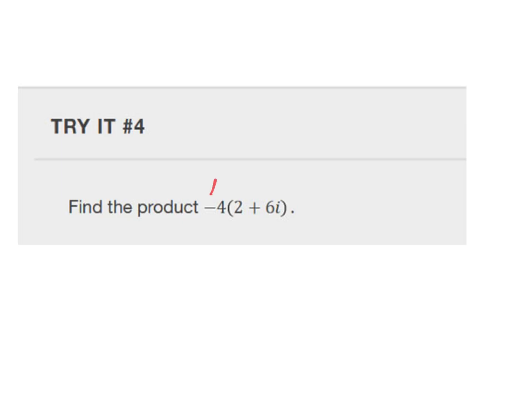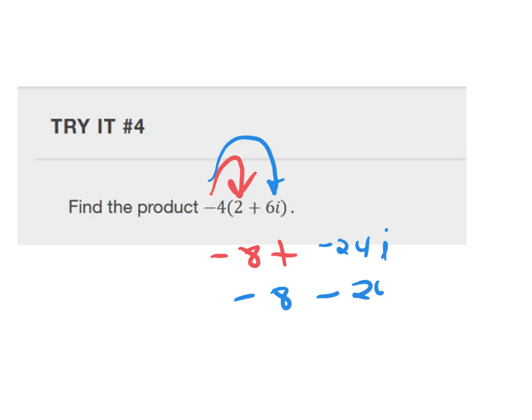Negative 4 times the 2, negative 8. Now, when I say plus, be careful. It is plus. But remember, a negative times a positive is a negative. So it's plus a negative 24i. Most of the time, we don't write plus negative. We write negative 8. That becomes just a minus 24i.